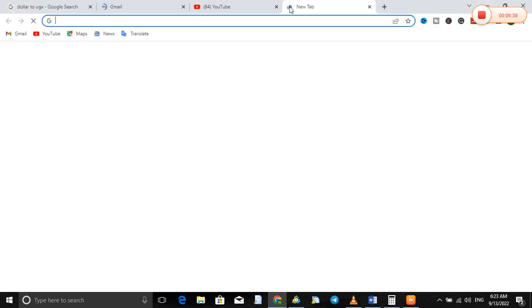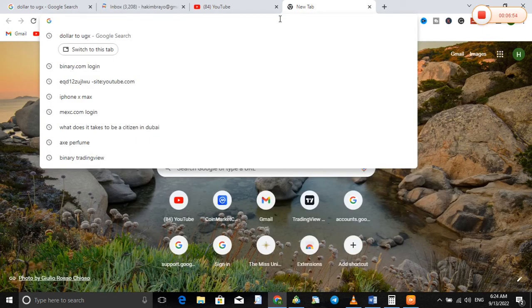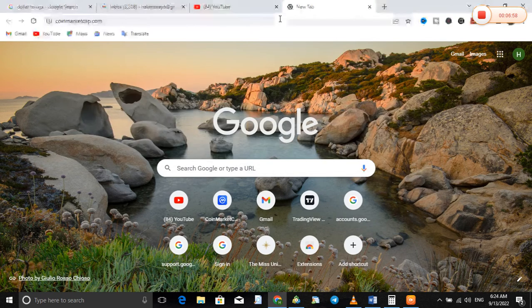At the moment, the price of Bitcoin can be around 22,300 US dollars. So this price keeps on changing, like I've told you, due to the demand and supply. I'm going to type in Coinmarketcap, enter.